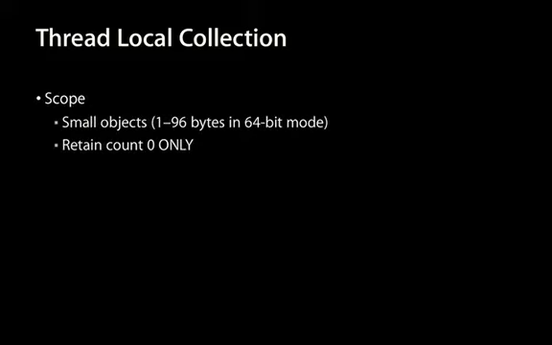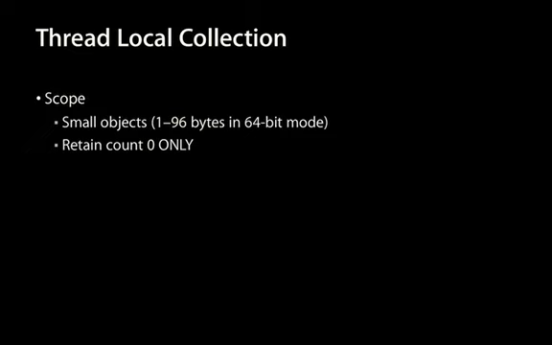The thread local collector only manages a particular set of objects, a particular size range, between 1 and 96 bytes in 64-bit. But of all the classes on Snow Leopard, 68% of them are in that size range. In fact, 99% of the objects we provide, their classes, are less than 1K.